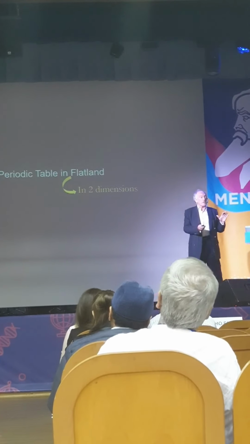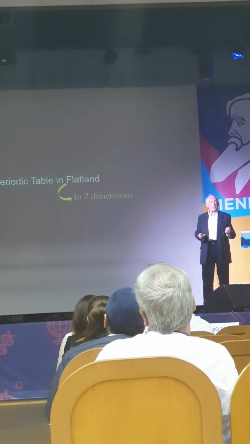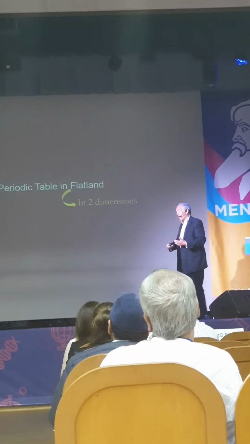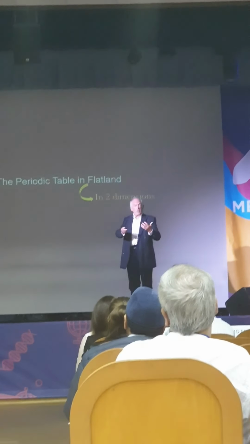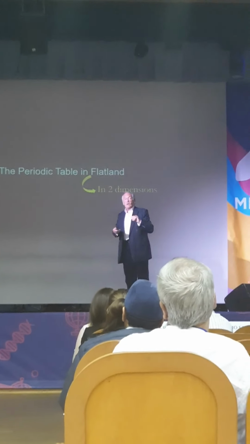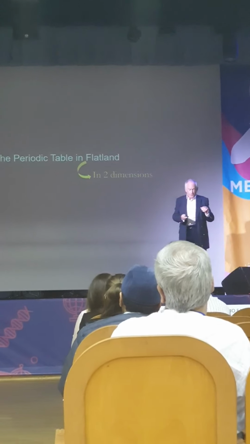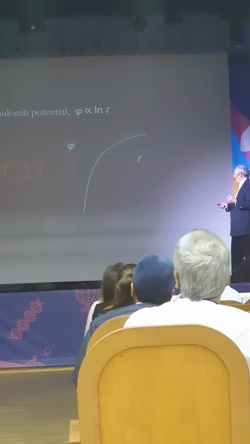I want to explore in a very naive way what it would look like in 2 dimensions. So I'll go back to the hydrogen atom and then do what we do in 3 dimensions to the hydrogen atom, but I will do it in 2 dimensions and see where it leads us.